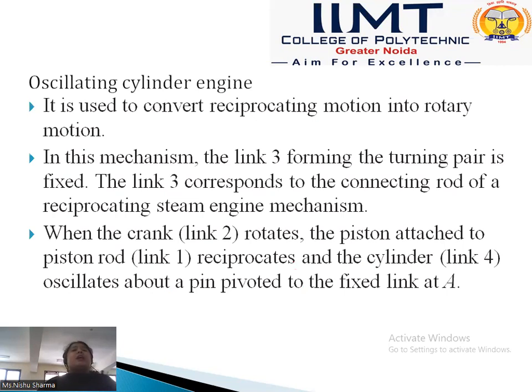In this mechanism we fix the connecting rod, so we can say we fix the turning pair. This mechanism was primarily used in engines, but nowadays it is used in toys and machines.